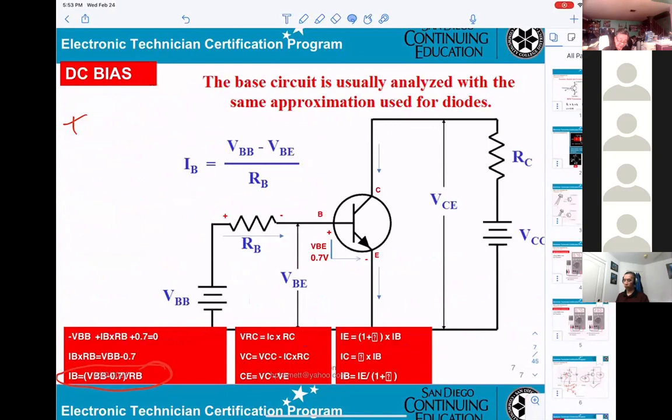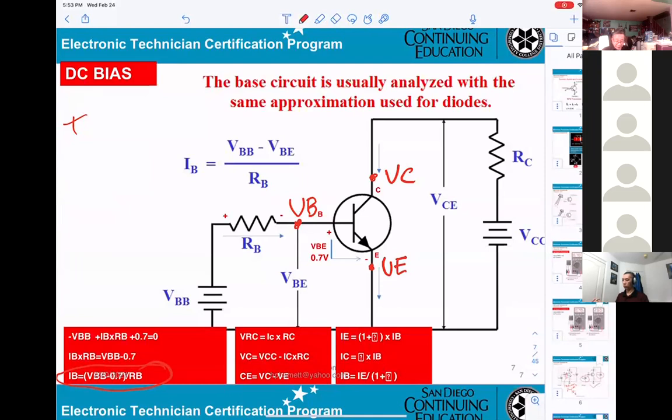Okay, now that is the VB. Right here, VE. And in here, VC.